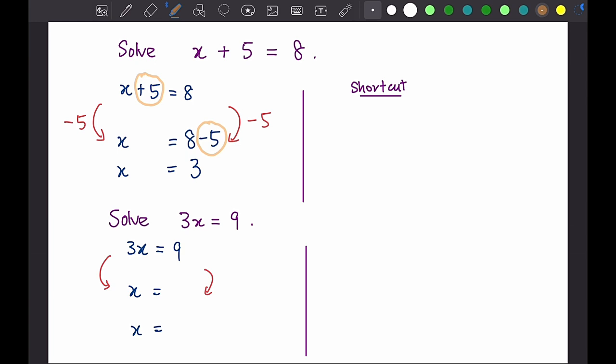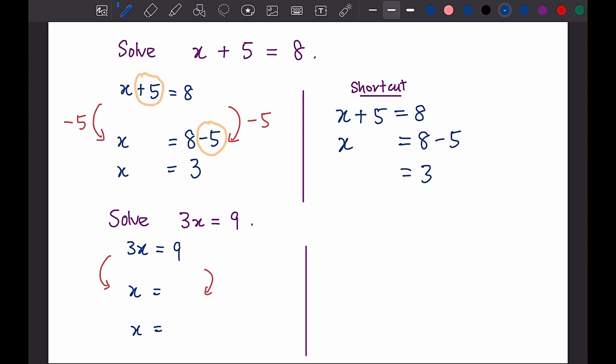So a very fast way is, if I see x plus 5 equals 8, then the next step would be: plus 5, opposite to it is -5, so 8 minus 5, and that gives us x equals 3.